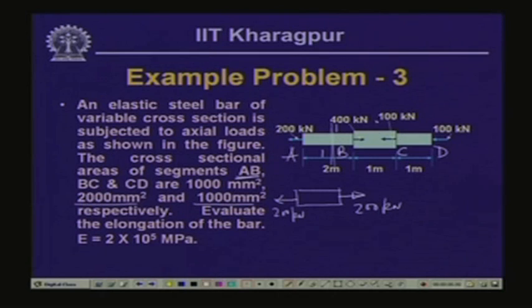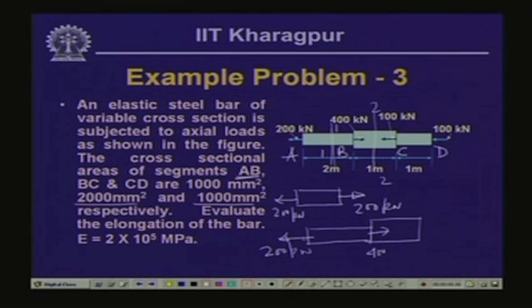If we take a section here, section 2, and if we take the free body part of it, then here we have a force of 200 kilonewton, and here we have a force of 400 kilonewton acting in the other direction.